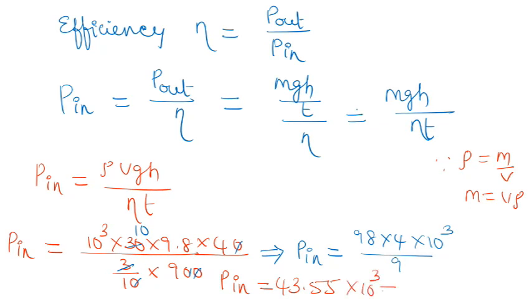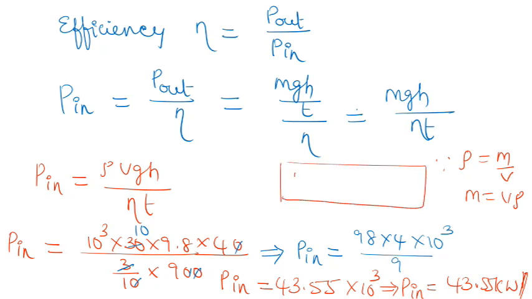So finally we are writing P power is equal to 43.55 kilowatt. This is the final answer. Therefore the final answer is P in is equal to 43.55 kilowatt. Okay, now we'll go to the next question.